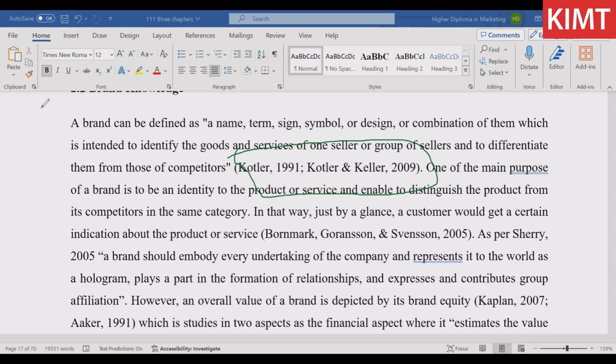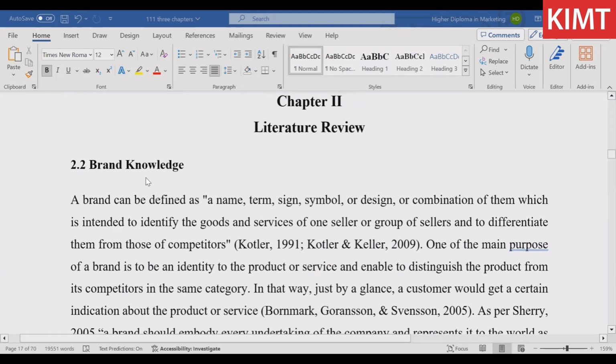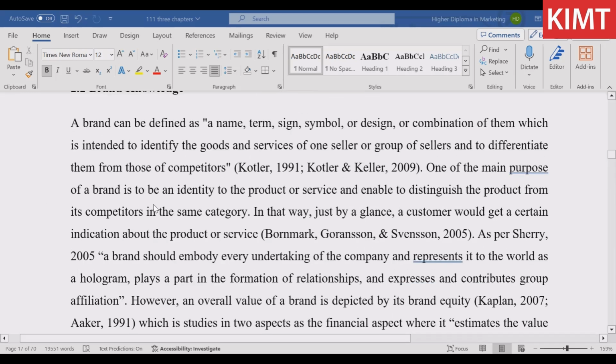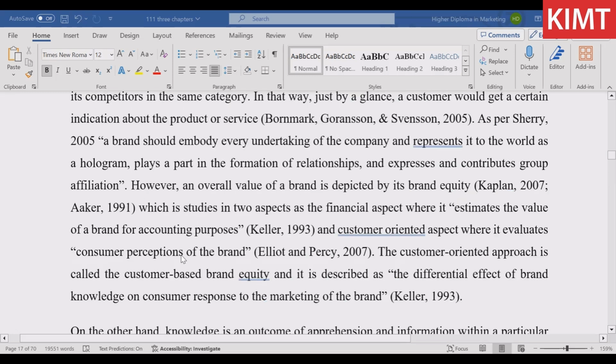You need to explain the variables you brought into your research topic. So this person has used brand knowledge as the main independent variable. He has explained it, defining what is brand knowledge, what is a brand.